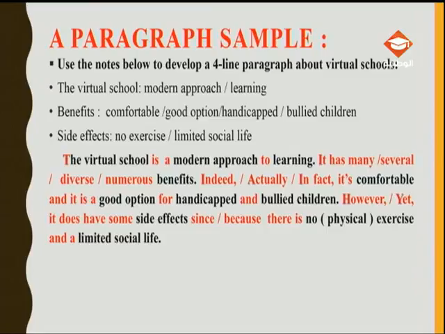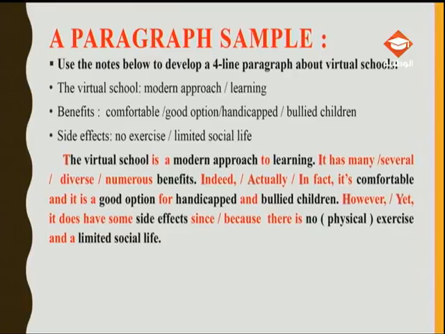So, the virtual school is, you see we have added the auxiliary be, the article, modern approach to learning, and the preposition to. So here is the first sentence, it is the introduction, it is the definition. The virtual school is a modern approach to learning.